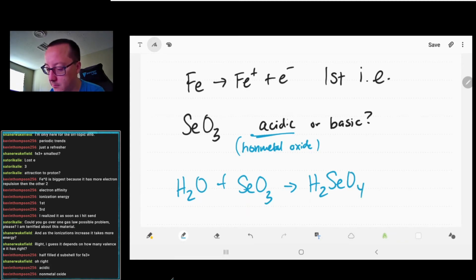And so that's an acid, right? So that would be what happens there. Remember, metals are basic oxides. Non-metal oxides are acidic. Okay.